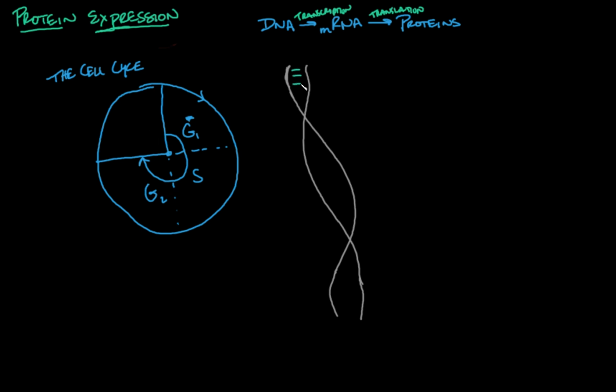So we get these nitrogen base pairs all the way across this DNA strand, and we need to know that we're working with complementary base pairs. Adenine goes to thymine, cytosine to guanine in DNA, and this is our double-stranded DNA.